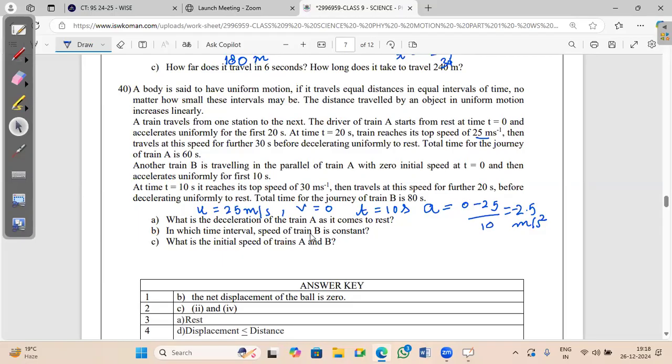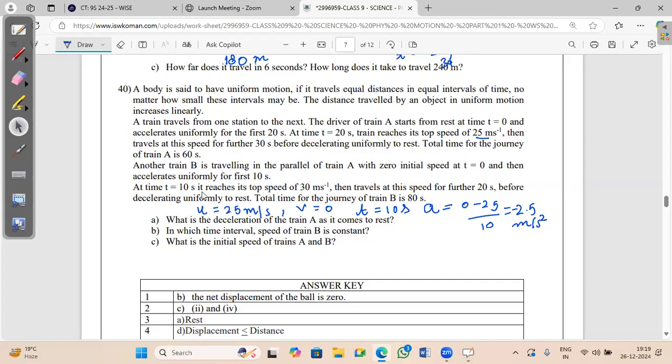Okay, for the next one: in which time interval is the speed of train B constant?